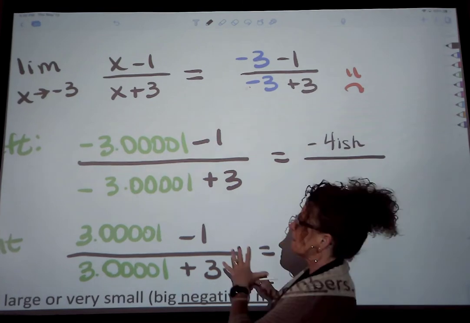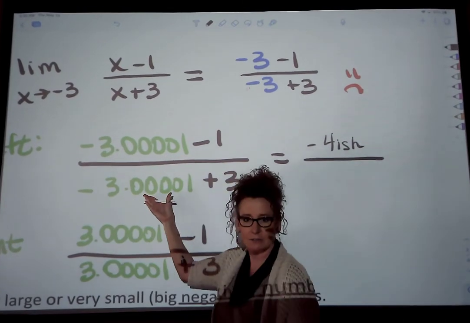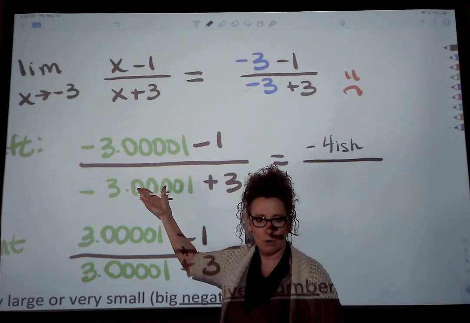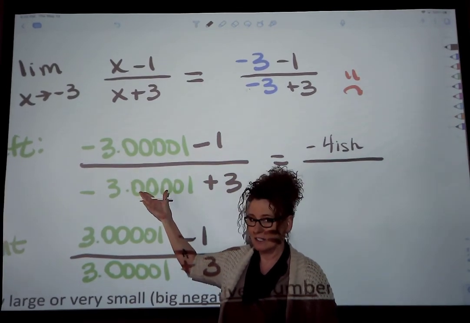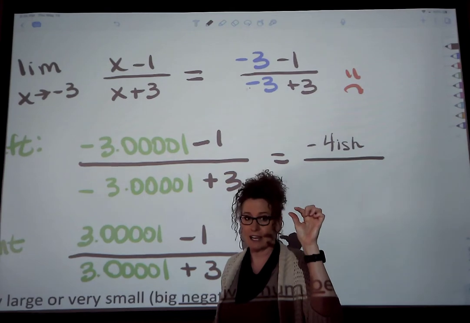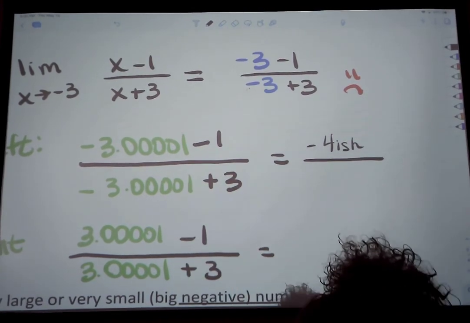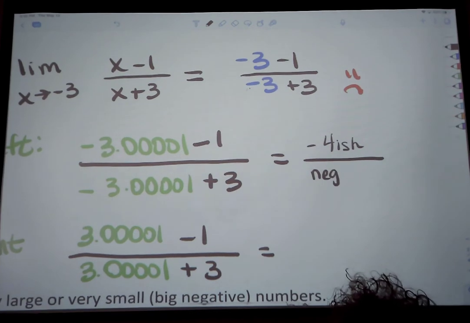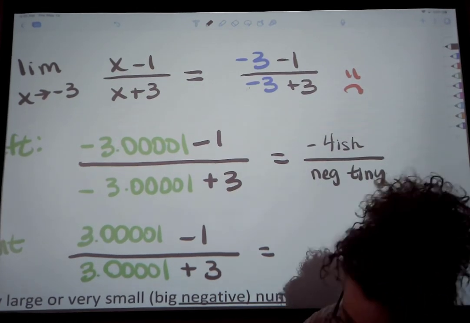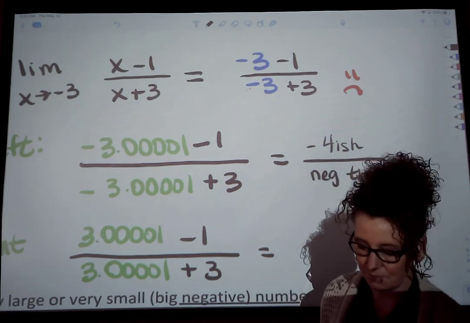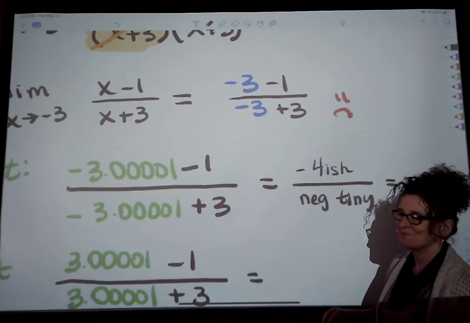Okay, well, think about this. Do I have more negatives here or do I have more positives here? I have more negatives. How many more? Not many at all. Just a very tiny amount of negatives when I combine those two values. So I'm going to call this negative tiny. Right? No calculator.